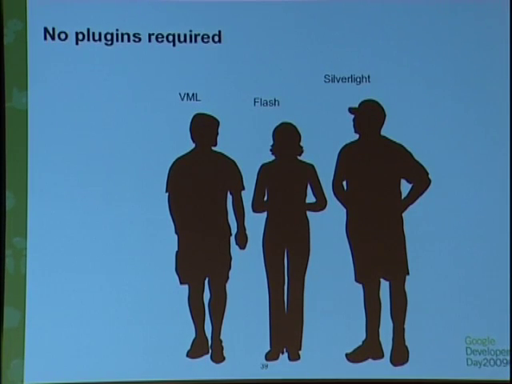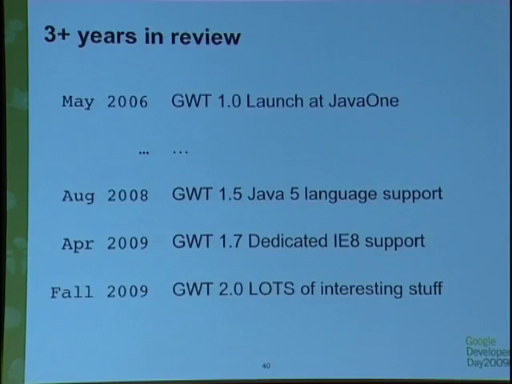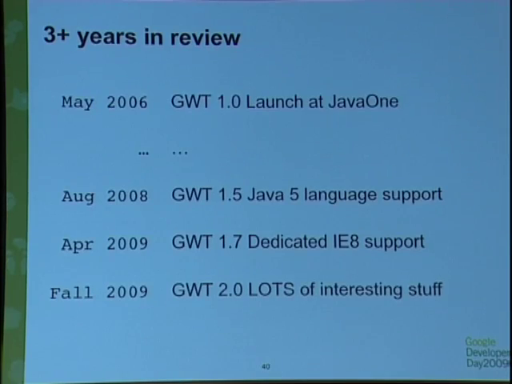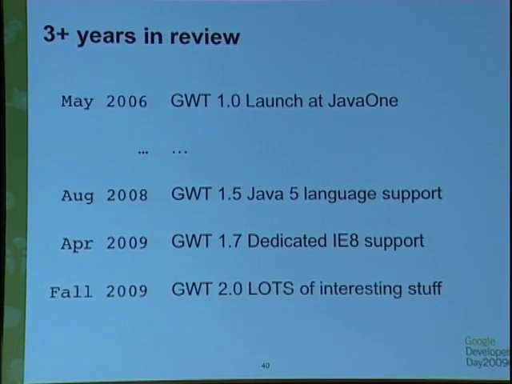It just works natively. Now, I don't know if every one of you has heard of Google Web Toolkit before today, but it's actually been around for quite some time. We launched it in May of 2006, GWT 1.0. And if you tried one of these earlier versions, you might be really surprised how far it's come in such a little time.